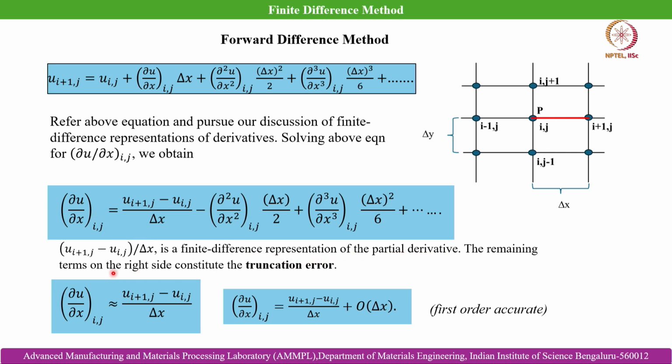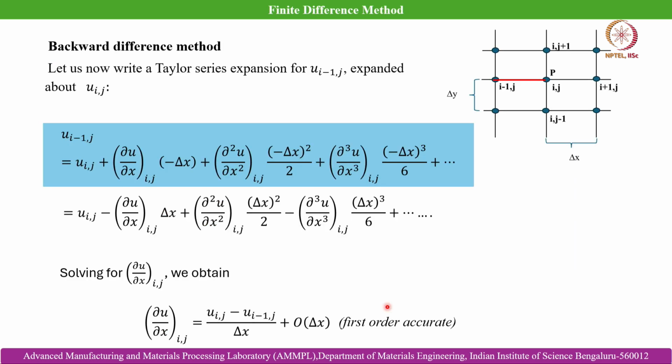The remaining terms on the right side constitute the truncation error, which we can neglect. Then the final expression becomes: del u del x at i, j is equal to u i plus 1, j minus u i, j by delta x plus the truncation error. So this is the forward difference scheme, which is first order accurate, and then we can move to the backward difference technique.